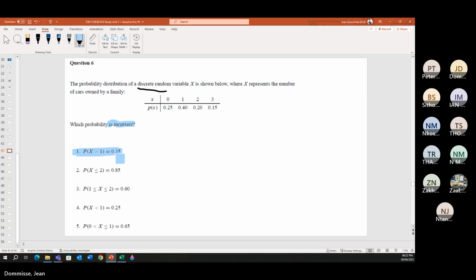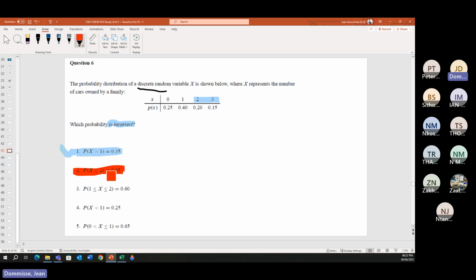It's nice that one can use highlighters, which is not available anymore because you're writing online, because it really helped to look at the things. So if we say probability bigger than 1, so it excludes 0 and 1, is 0.35. So those two added together would have been 0.35, but we're looking for the incorrect one.